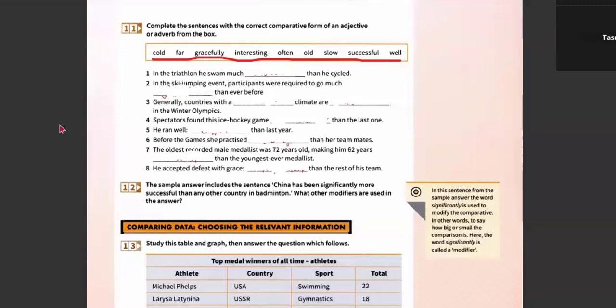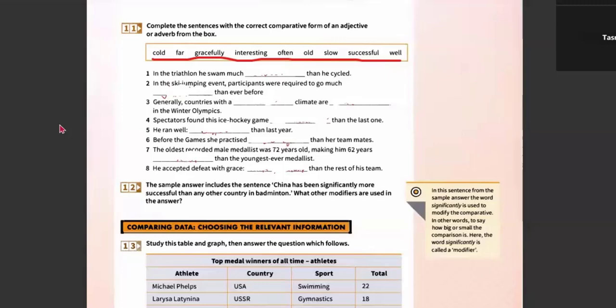Very good. Number five. He ran well, better than last year. Excellent. Number six. Before the games, she practiced more often than her teammates. Very good. Number seven. The oldest recorded male medalist was 72 years old, making him 62 years older than the youngest ever medalist. Excellent. Number eight.